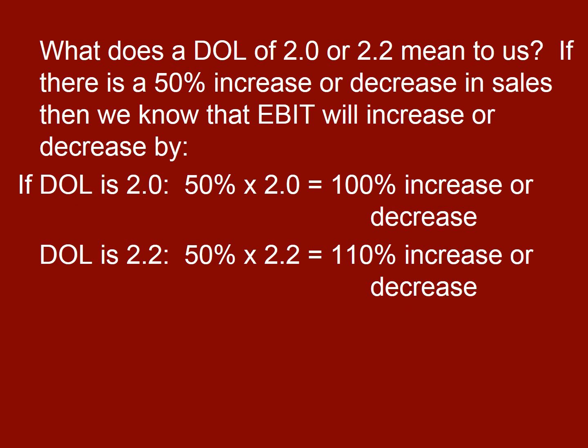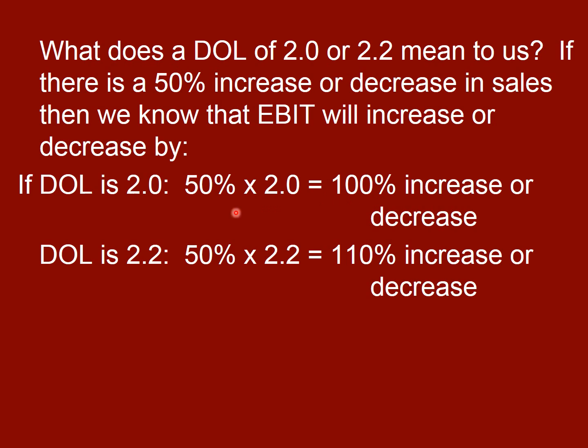So what does a degree of operating leverage of 2 or 2.2 mean to us? And again, this is that interpretation. If you have a DOL of 2, then what that's telling us is, again, a 50% change in sales is going to cause twice that in EBIT. So we'll have a 100% change in EBIT.